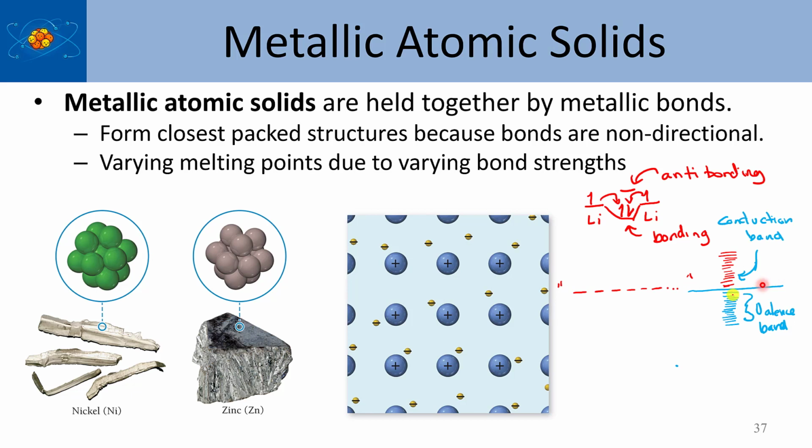Physicists like to think about the hole that's left behind. In some situations, it's the hole that moves. We'll talk about this electron being up here as chemists, and we'll think about the electron moving in the conduction band.